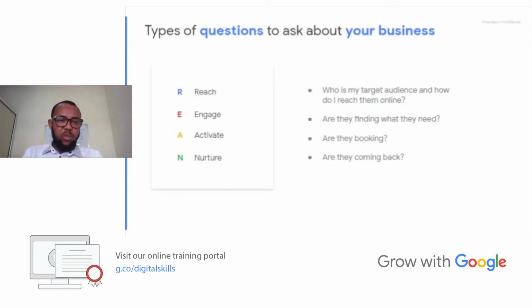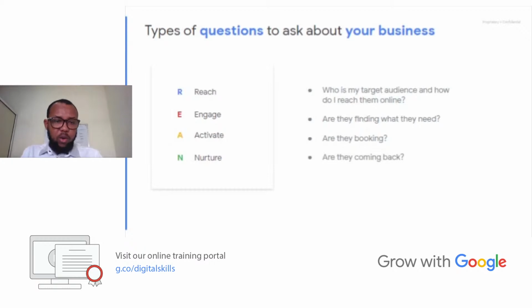Now, the types of questions to ask about our business. We're going to use an acronym, REAN. R stands for reach, E stands for engage, A stands for activate, and N stands for nurture.